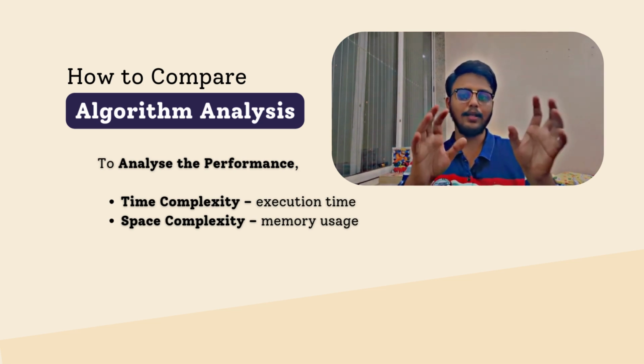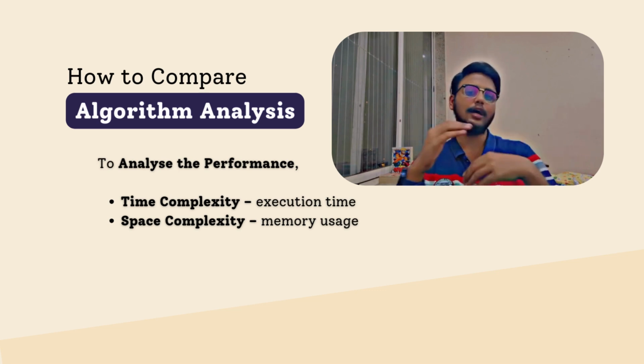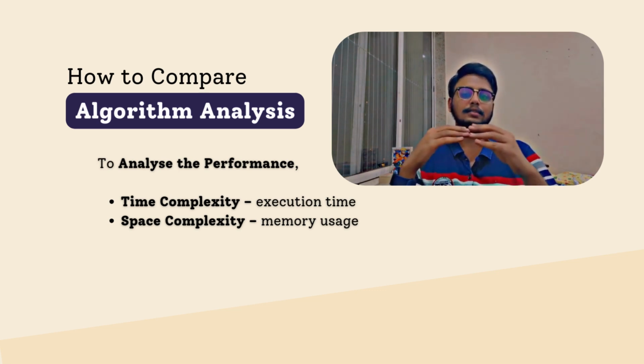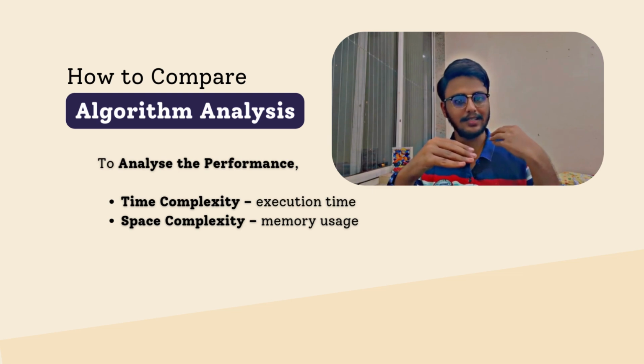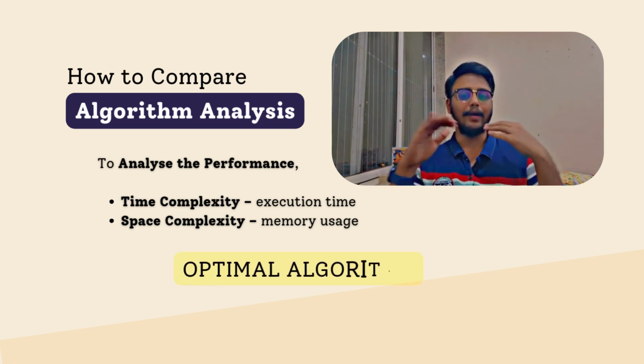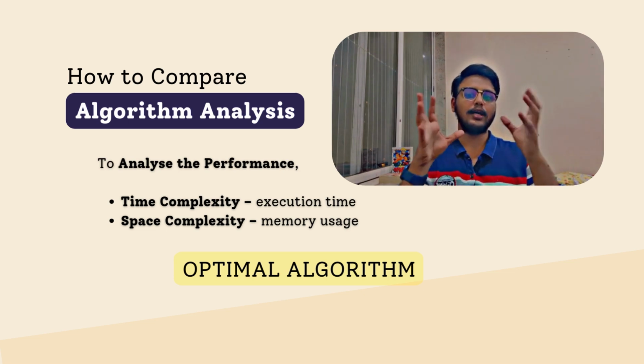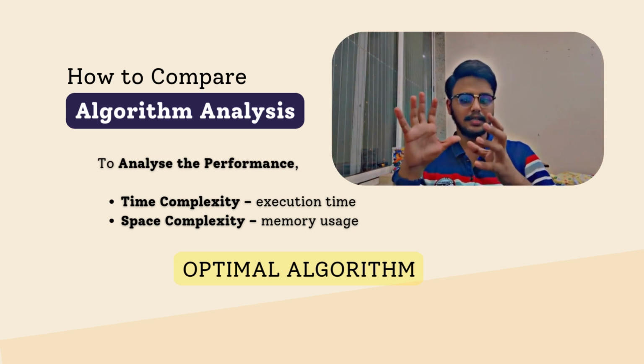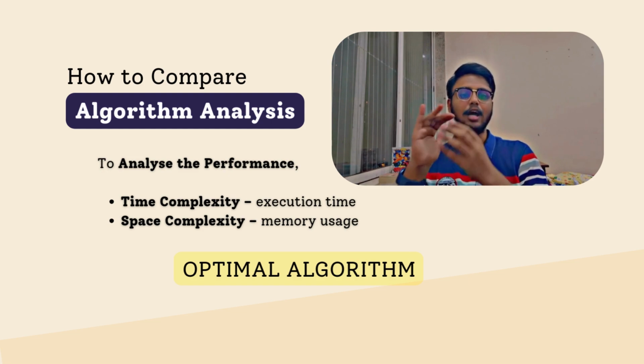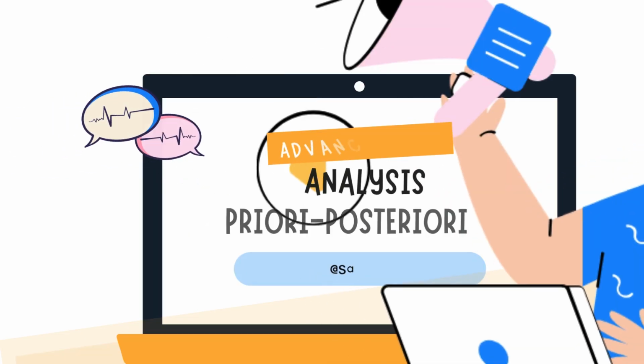For example, we would have heard people saying linear search has complexity of O of n, binary search has complexity of O of log n. These are the measures that help us determine which is an optimal algorithm.